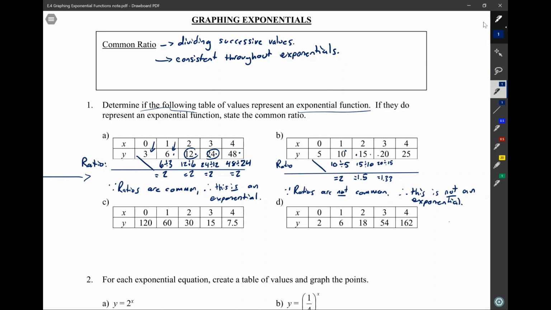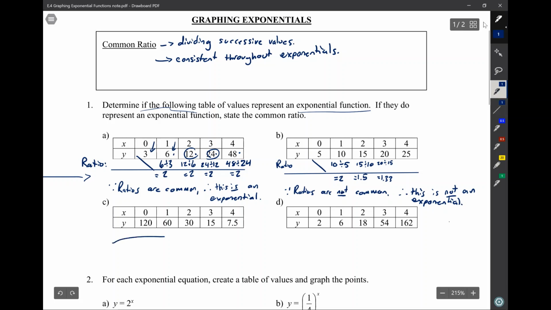Now we could have noticed anyways, just from looking at the values within this table, that that one's a linear function. But here we're going to jump into example C.